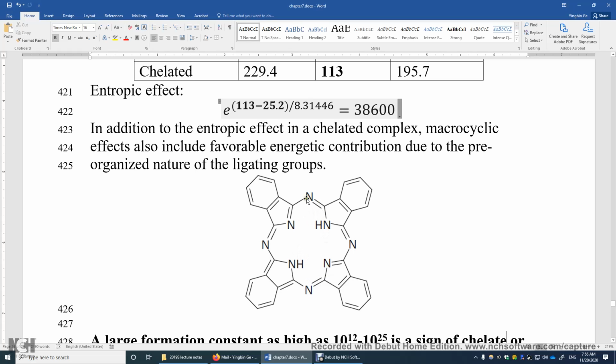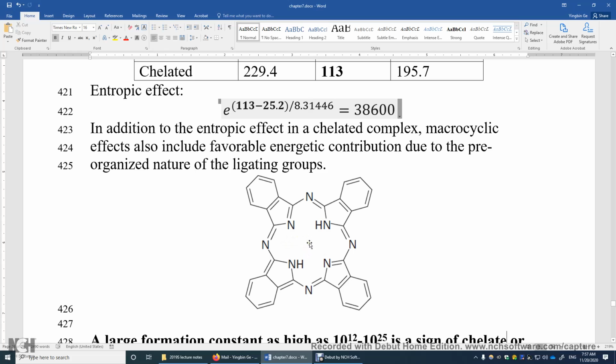Okay, these 4 nitrogens are just too far away from the center. So these 4 nitrogen atoms cannot form a bond with the transition metal center. And also, I just want to remind you, this nitrogen has a lone pair, but these lone pair electrons are right here, not here. They are just far away from the transition metal center. So only these 4 nitrogen atoms can form a bond with the transition metal, assuming the transition metal fits properly here in the center.